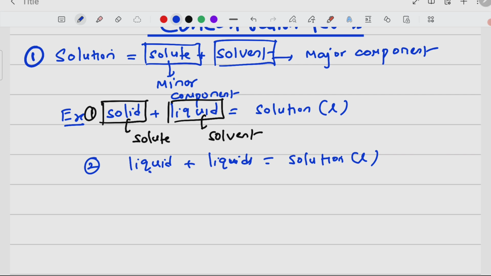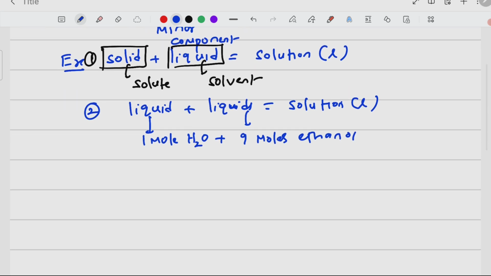For example, here I am taking 1 mole of H2O. Let us assume another liquid is 9 moles of ethanol. 1 mole of H2O, 9 moles of ethanol. Both are liquids. The physical states of both components are liquid.